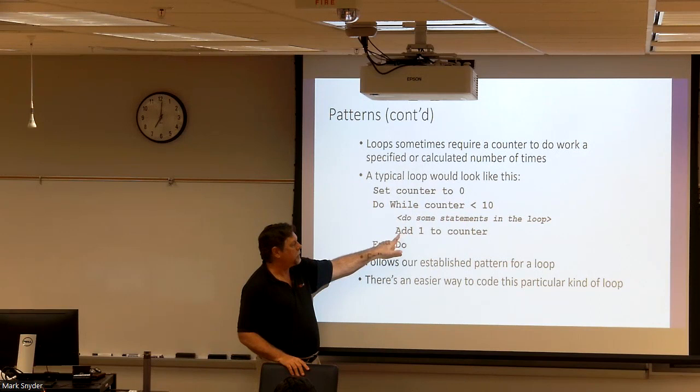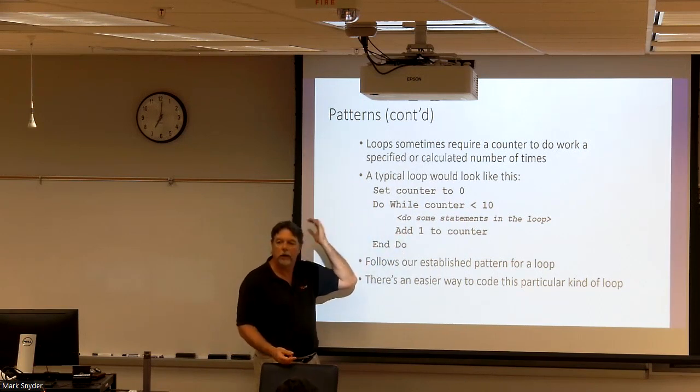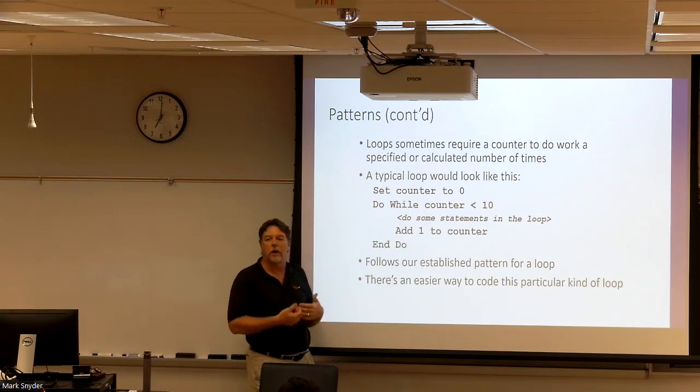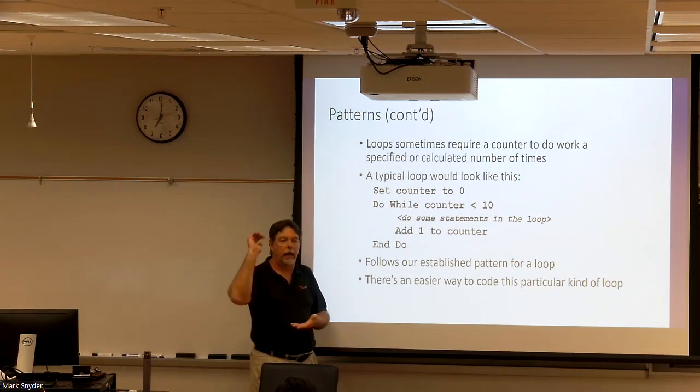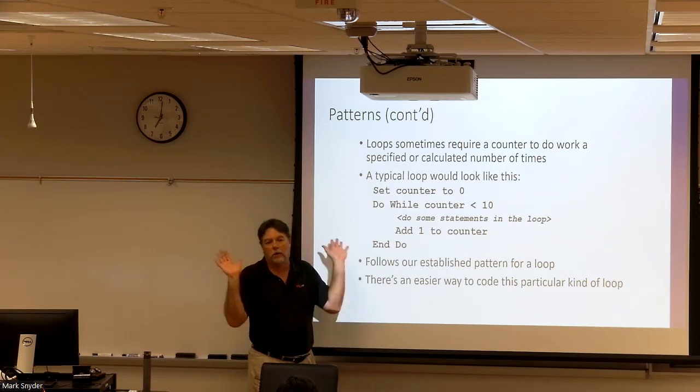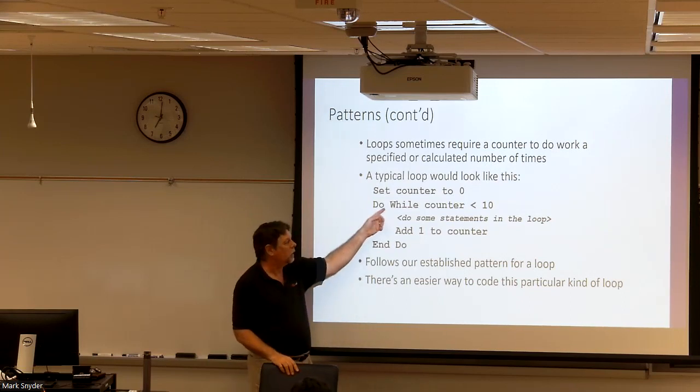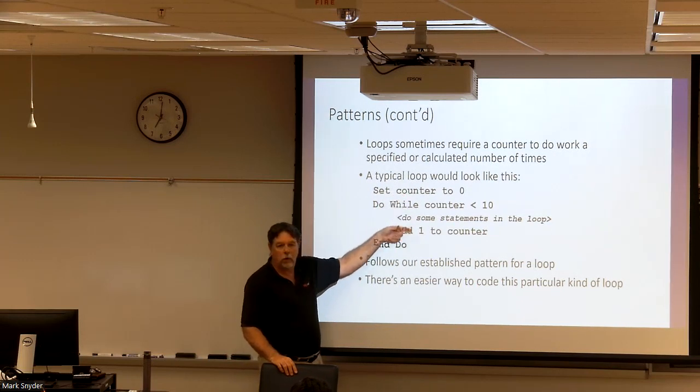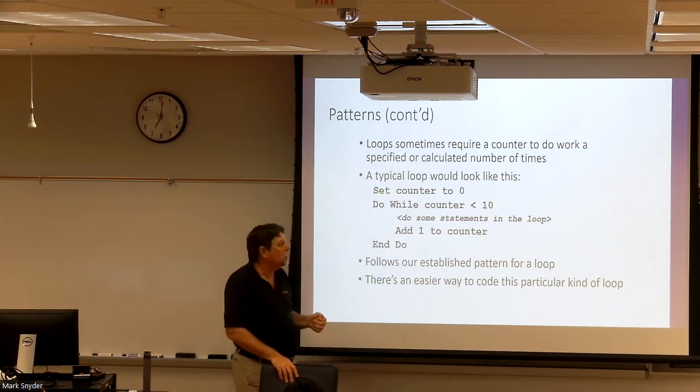We're going to do some statements, and then we're going to add one to the counter. So similar to what I was saying before, maybe the satellite's supposed to send us 100 packets. So we start a counter at 100 and we start decrementing it. And when I get to 0, okay, I'm done with my loop. Same here, except I'm starting at 0 and counting until I get up to 10.